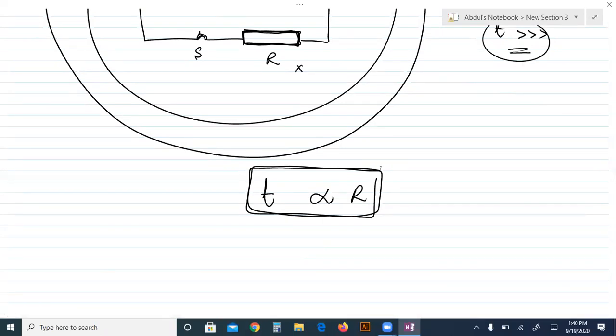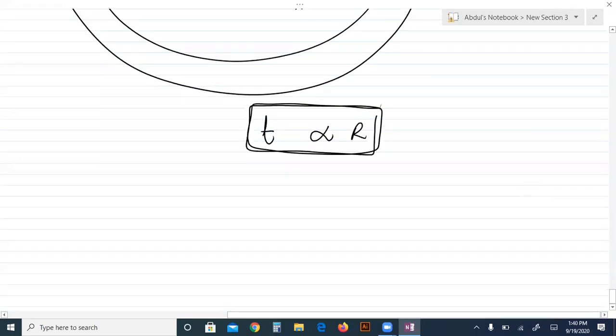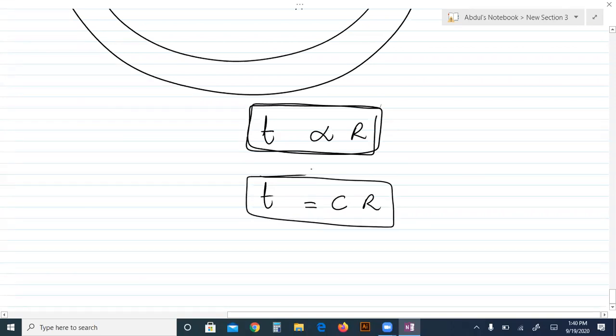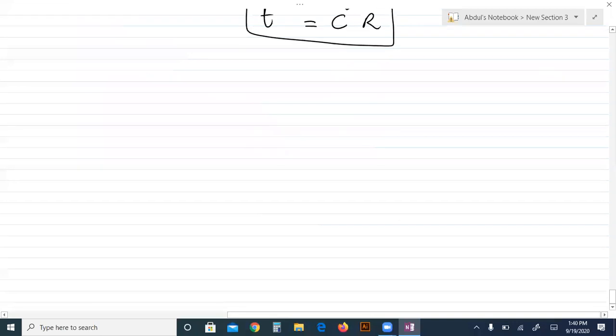Large resistance, small current, longer time for discharge. And T is equal to a constant, C into R: the discharge time is the product of capacitance and resistance. Now, the capacitor charges non-uniformly, so it discharges non-uniformly, meaning exponentially.